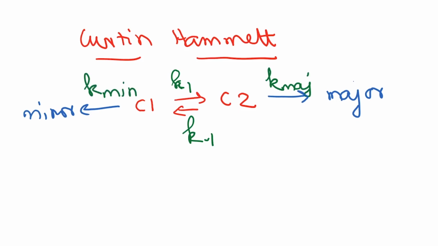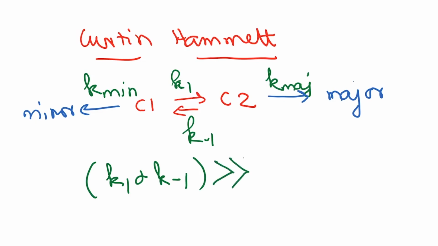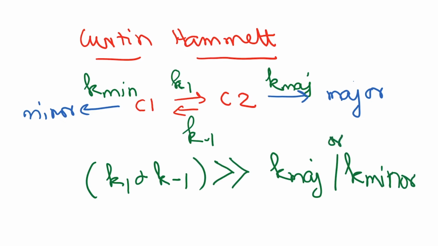Okay, so what we can understand from this is that K1 and K minus 1 are actually much faster compared to K major or K minor. Okay, so this is 'or' and not 'divided by'.